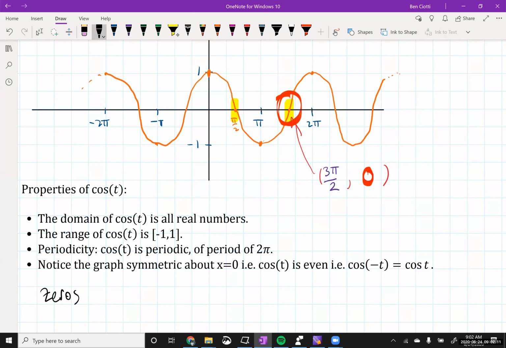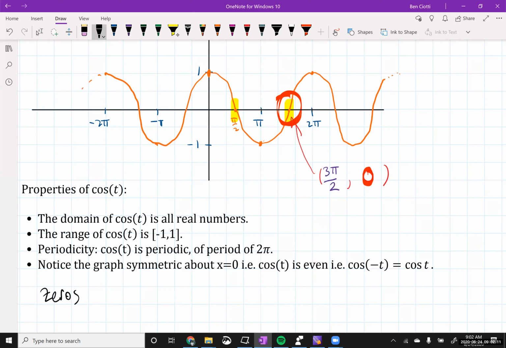Okay, so I'm going to start by just plotting a basic cosine graph, which I will perform transformations on. So the basic cosine graph, let's see. 2 pi, 3 pi, negative pi. Basic cosine graph. Starts at 1.